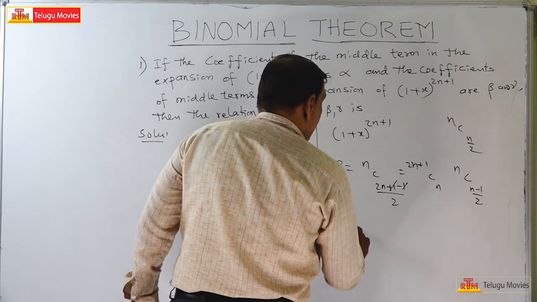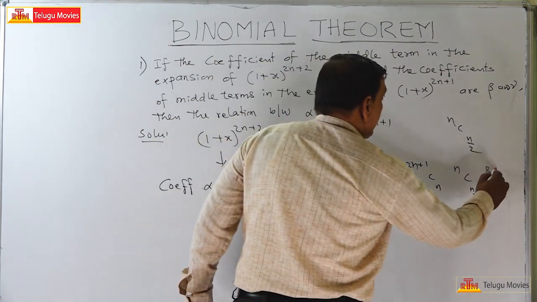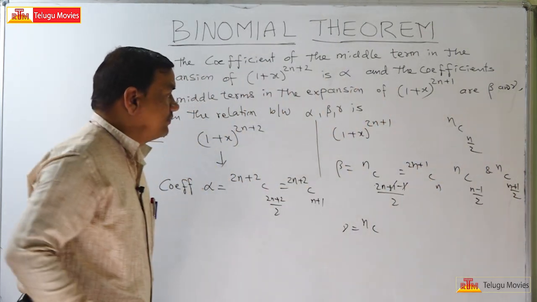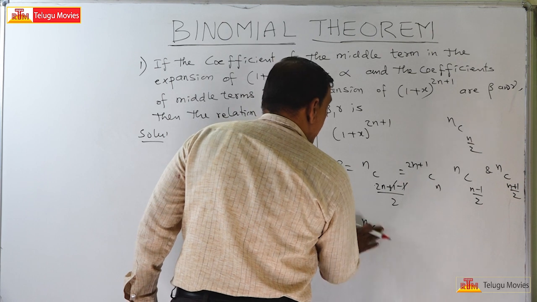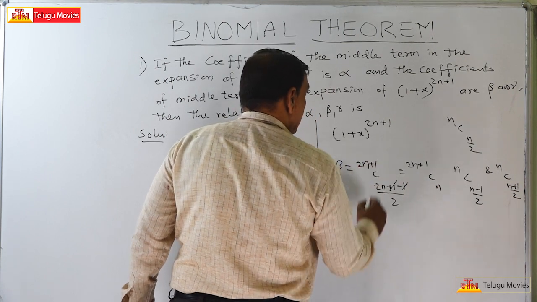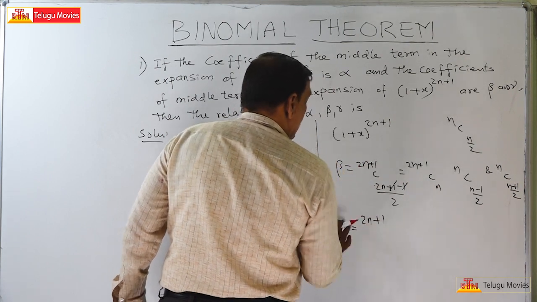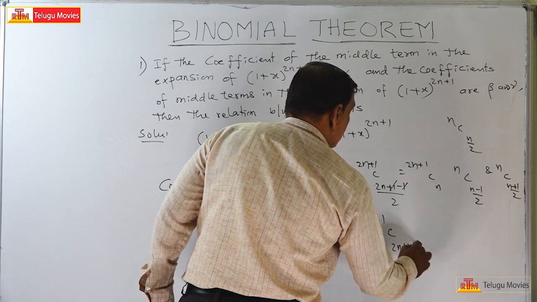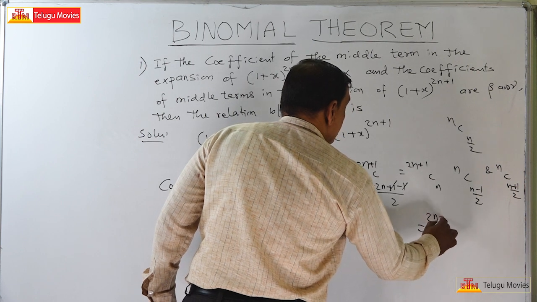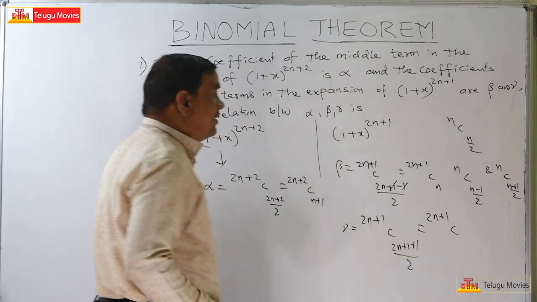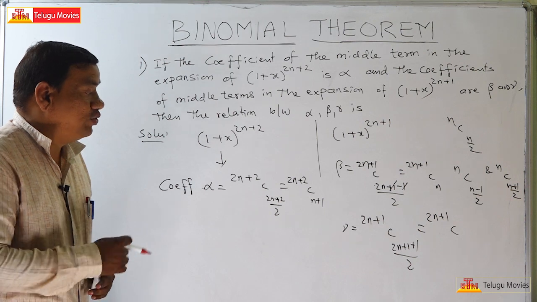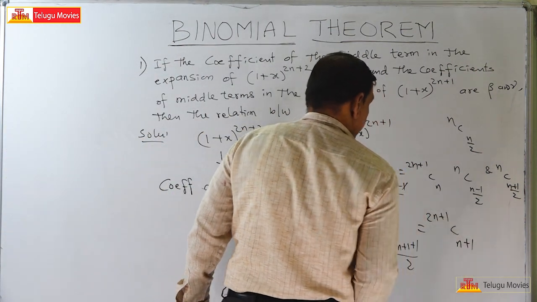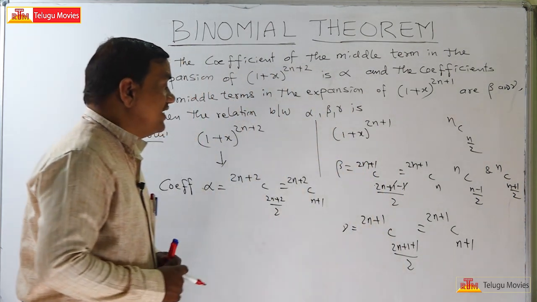Next, gamma is the next term that I have taken, nC(n+1)/2. Now here it is 2n plus 1, so gamma is (2n+1)C((2n+1+1)/2), that is (2n+1)C(n+1).